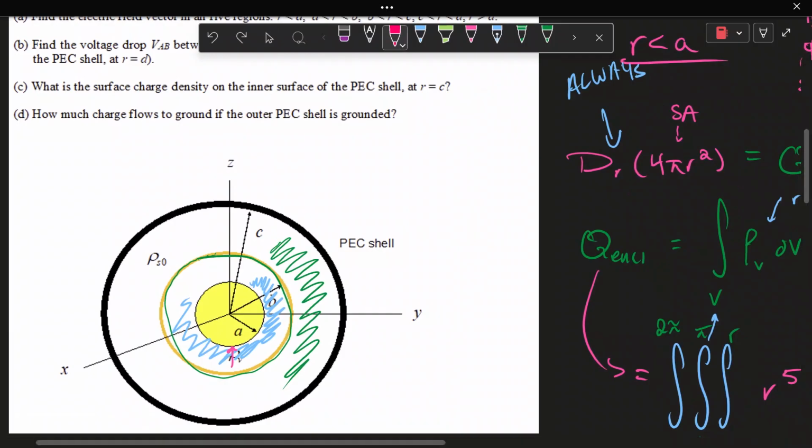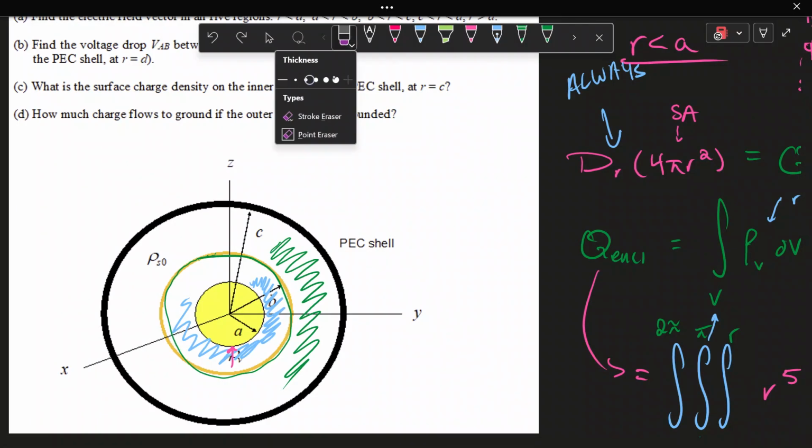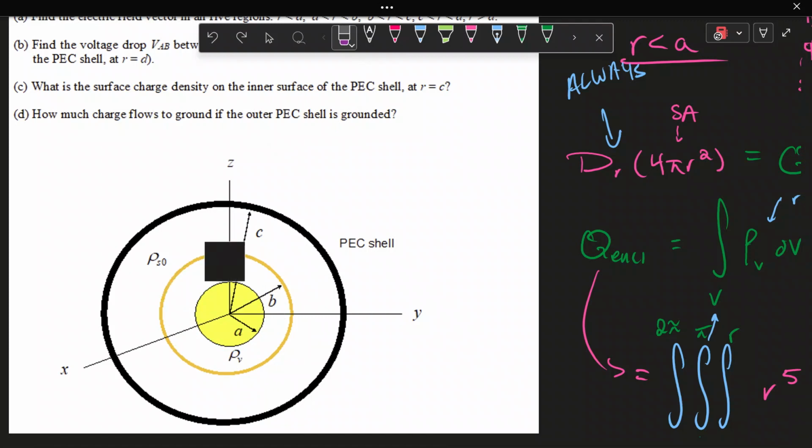But remember, this projects radially outwards, right? Or the charges project radially outwards. So the perfect electrical conducting shell does not change the electric field. What it does is it does not have any change on the inside, right?